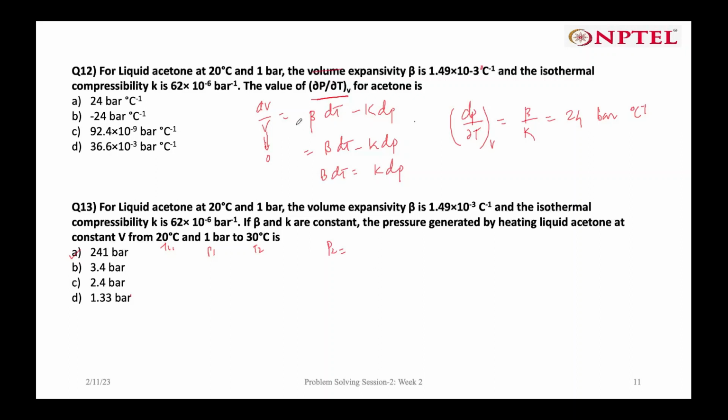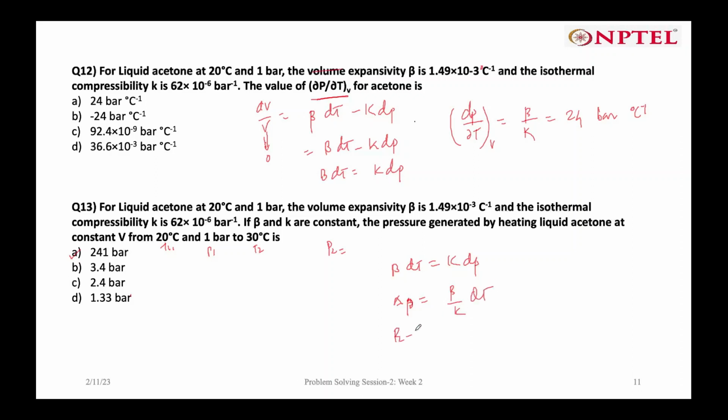Simple one, constant volume, so these terms get cancelled. So beta dT is equal to K dP, right? So delta P is equal to beta by K into dT.